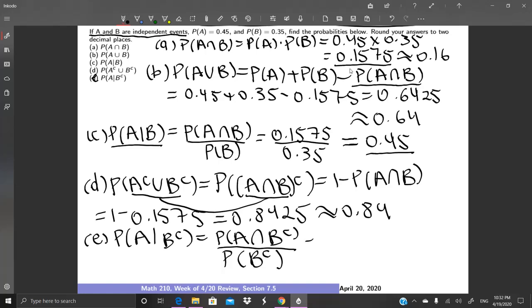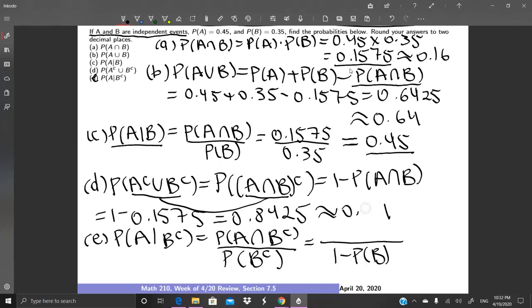Well, the probability of the complement of an event is 1 minus the probability of that event. So I got that part. But how do I find the probability of A intersect B complement? So remember, A intersect B complement is everything that's in A and not in B.